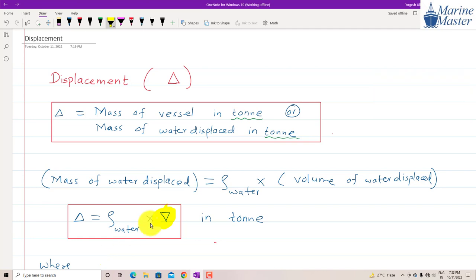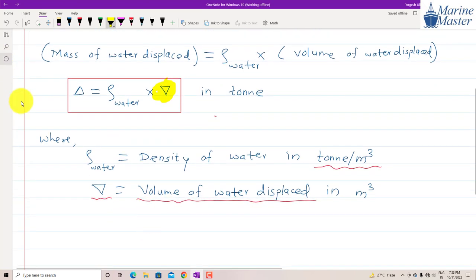Now please write down the meaning of density and volume of water displaced, this inverse delta.